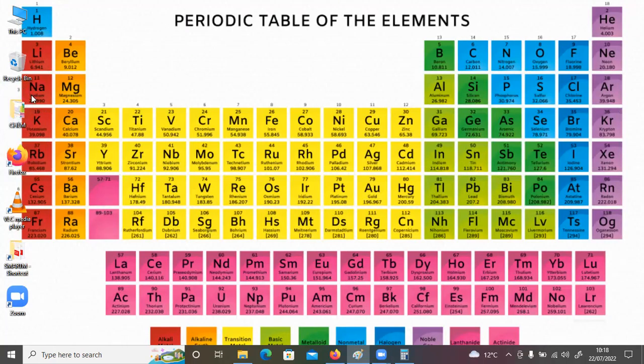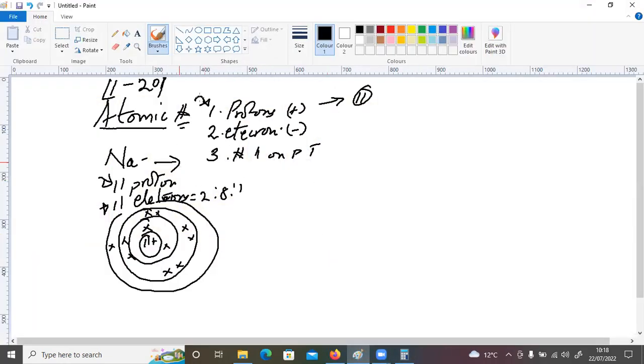If I go to sodium there, you can see 11 there. You count: 1, 2, helium 3, 4, 5, 6, 7, 8, 9, 10, and it is number 11 over there on the periodic table. So those are the first 3 things you know.